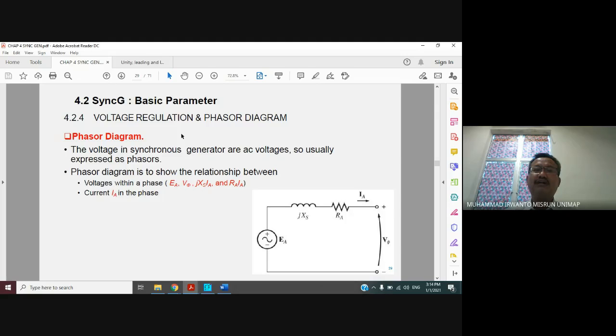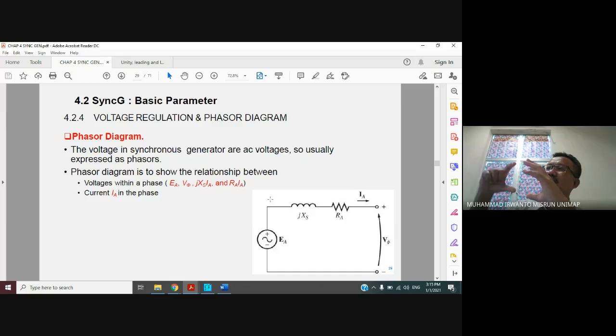Please imagine just the stator winding, because we want to draw the phasor diagram.